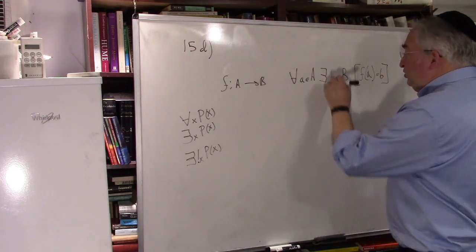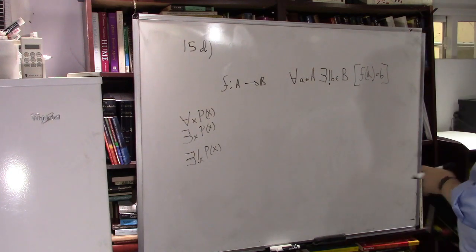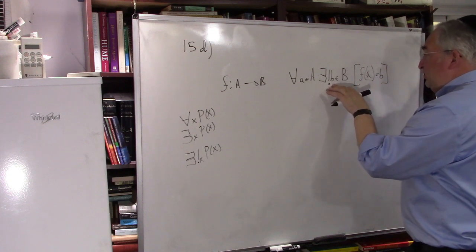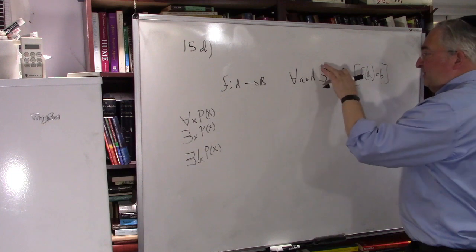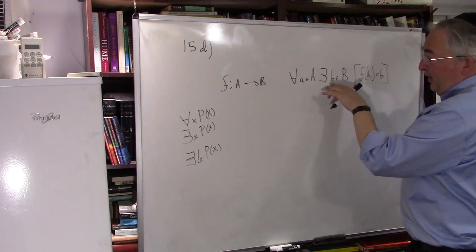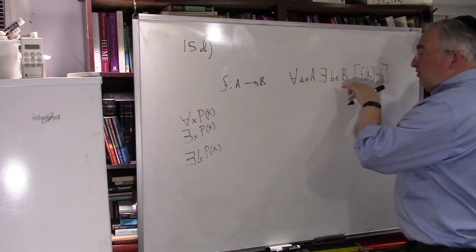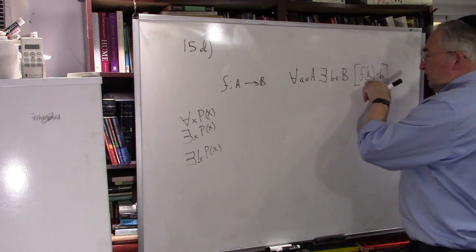So now let's change this. For all a, there exists one b such that f of a equals b. I'm sorry, this is not the definition of a function, because this could be more than one b.